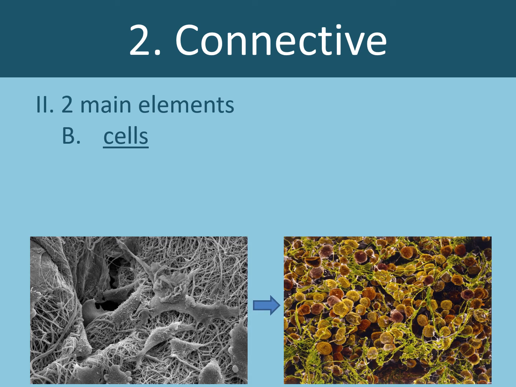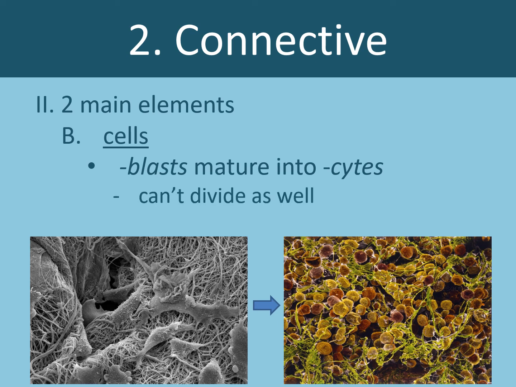Eventually, the cells that create the extracellular matrix mature into a new type of cell. Cells whose names end in blast mature into cells whose names end in the suffix -cyte. These mature cells can't divide as well, and they cannot produce new extracellular matrix, but are there to maintain it.